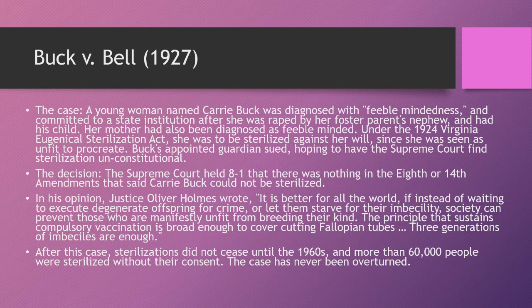This is less than 100 years ago. So this case, until the 1960s, more than 60,000 people were sterilised because of this case. And technically, this case has never been overturned. So it's something that is still a precedence that the Supreme Court set.